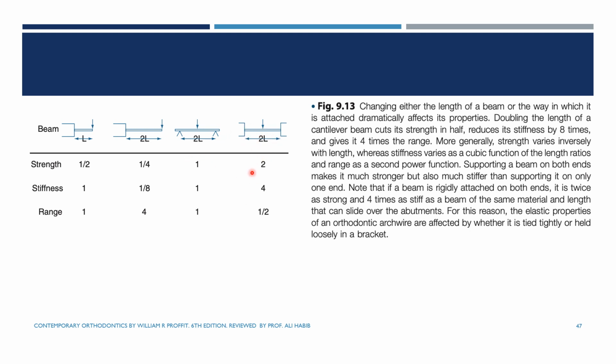You can see the difference. Tying the brackets will increase the strength of the wire and also the stiffness of the wire and cut range in half. So maybe if you want more flexibility of the wire, you should use a loose tie instead of tying it strongly between two brackets.